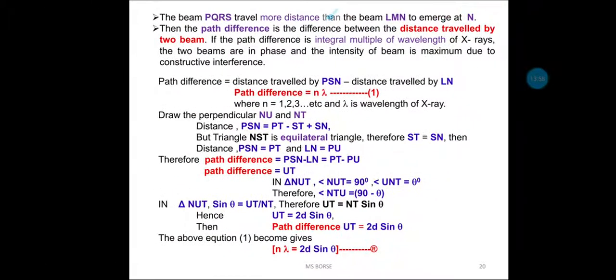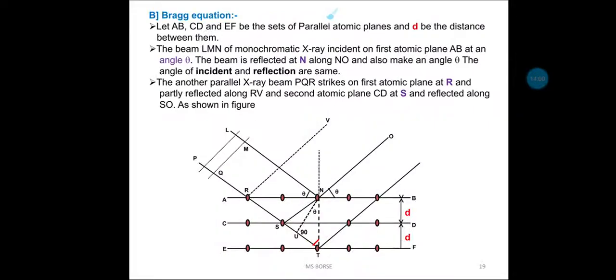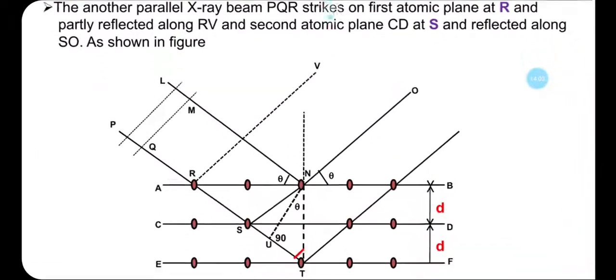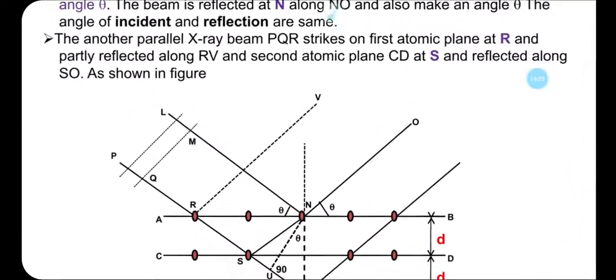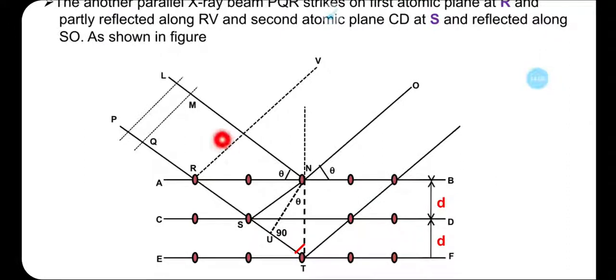So see where LN and PU are. This LN is equal to PU because this is perpendicular.